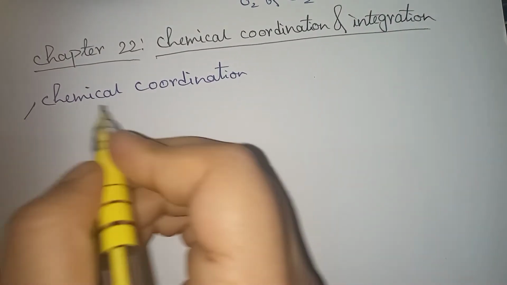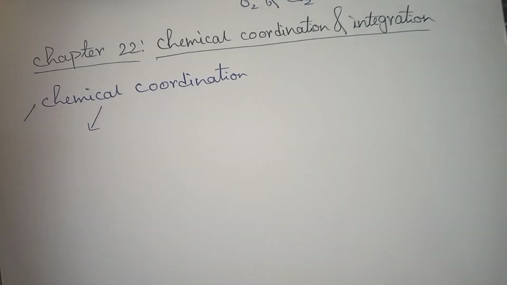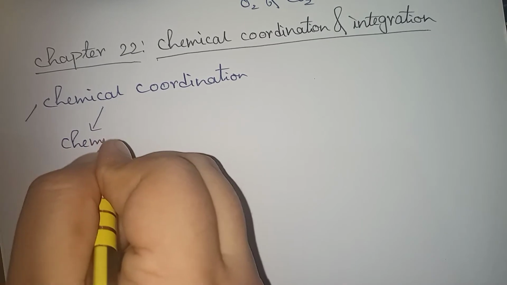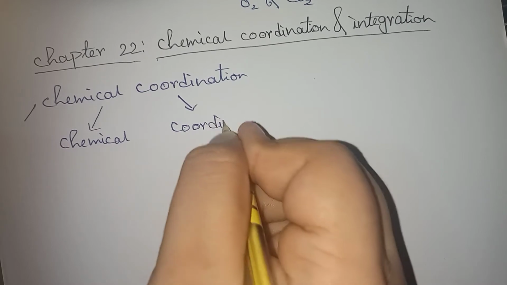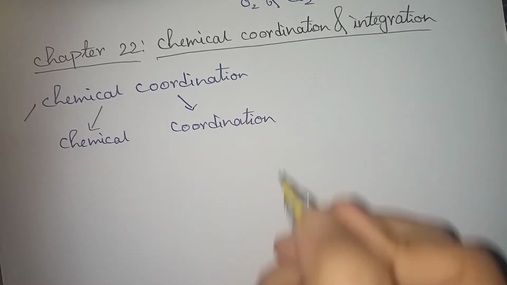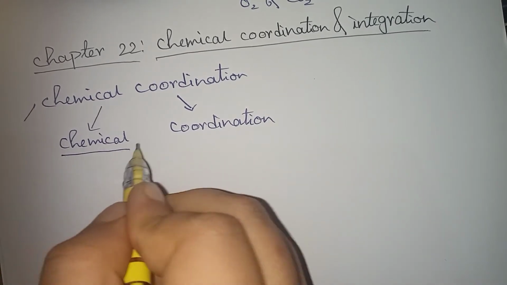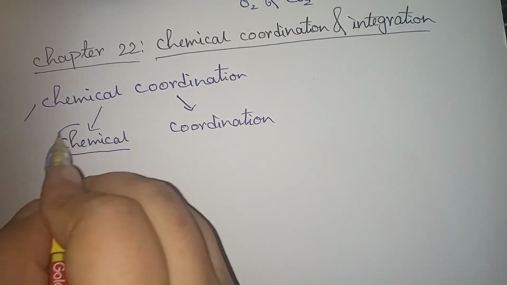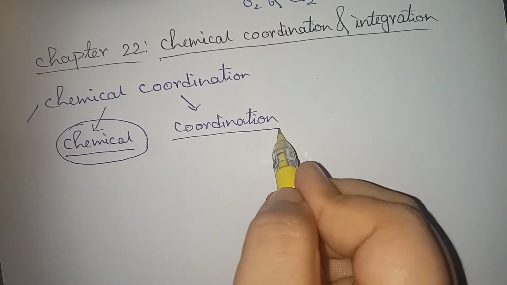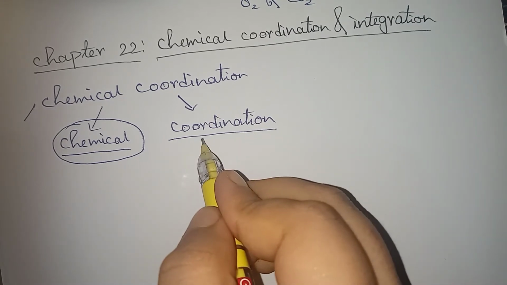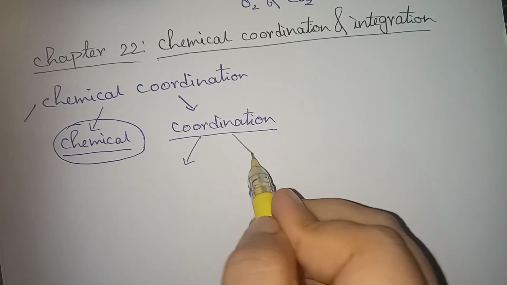If we split the term chemical coordination, we'll get two words: the first is chemical and the second is coordination. Chemical means that in this coordination one chemical is present. Now what is coordination? Coordination means coordination or relation between two things.